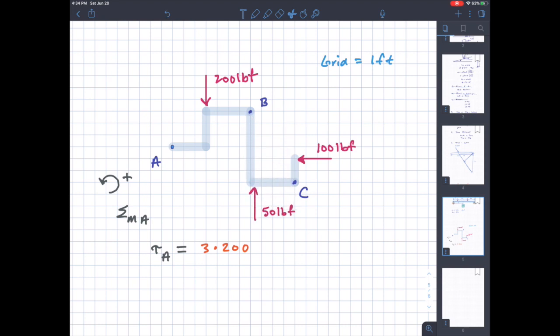As I slide that up along the line of action, the perpendicular distance is 1, 2, 3, 4, 5, 6, 7. Okay, so that means what we have for the torque is 7 times 50, and this is causing a counterclockwise rotation.